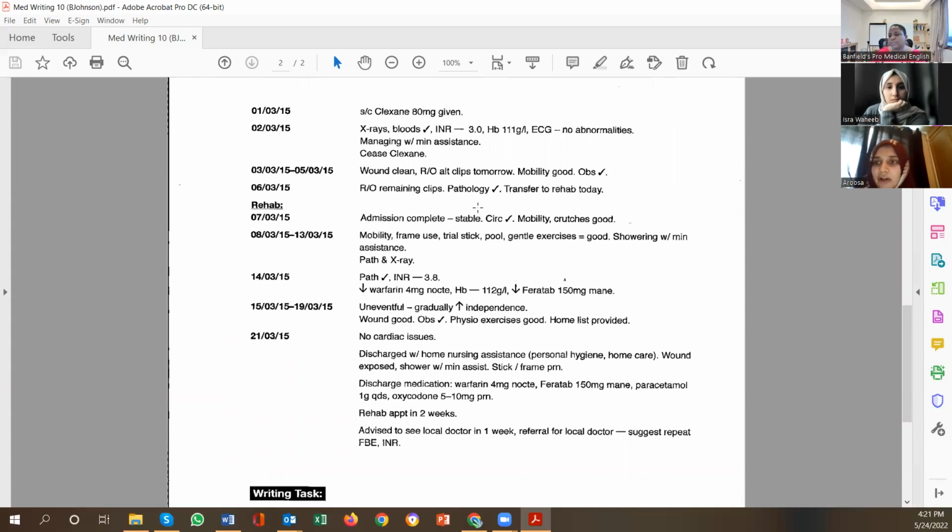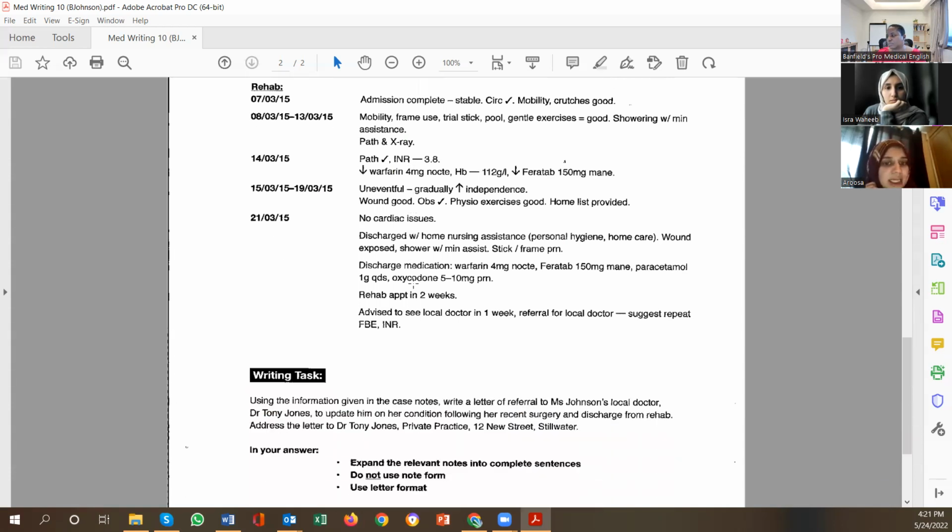So we have informed the GP that her mobility is good, and we have provided her with crutches and a frame, and we have provided her home care assistance with a nurse. So what the GP needs to do is repeat two tests: FBE, the full blood exam, and INR. The GP needs to repeat them after one week.